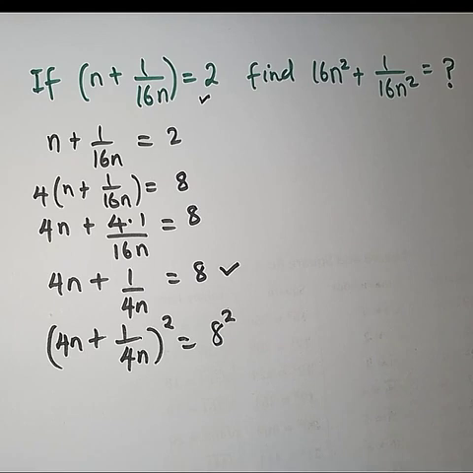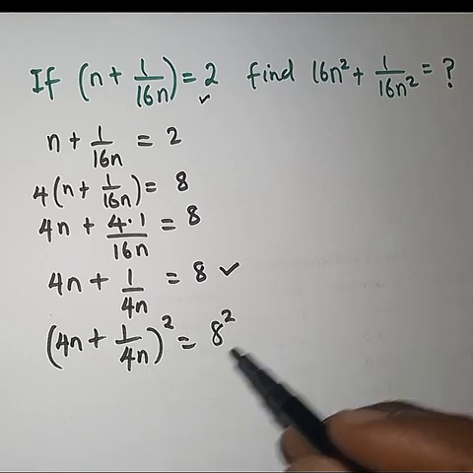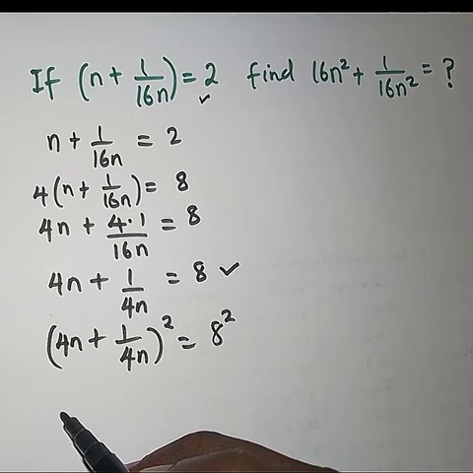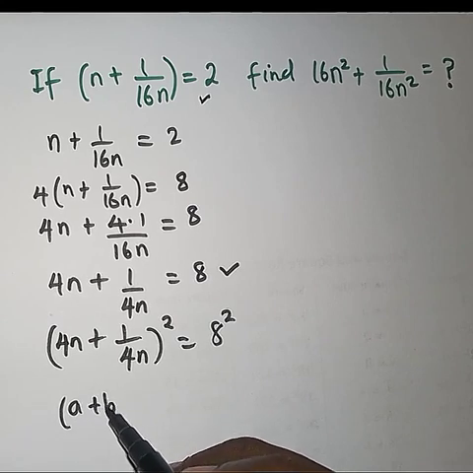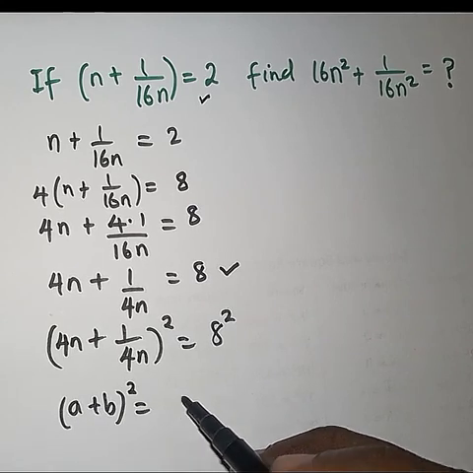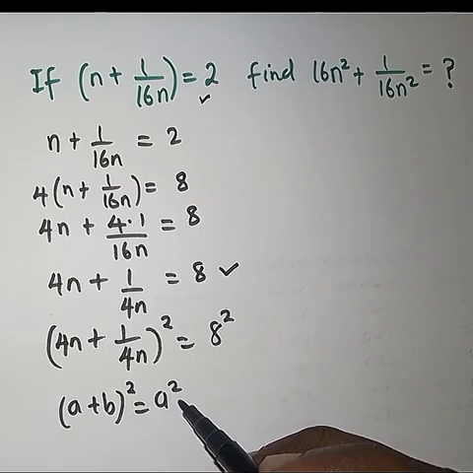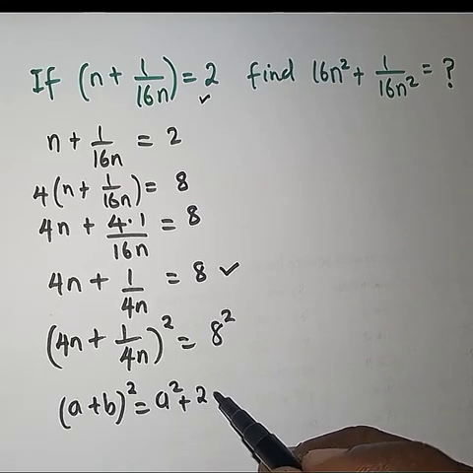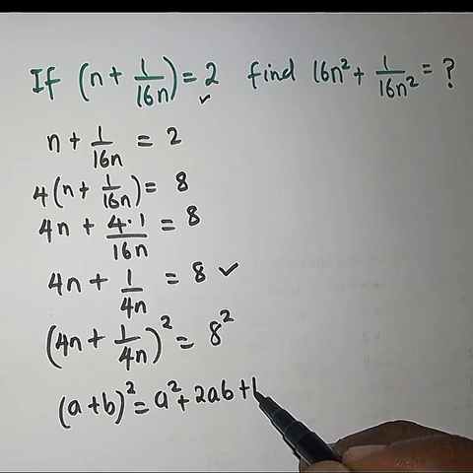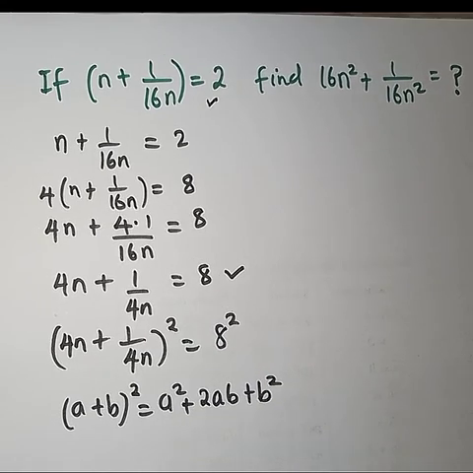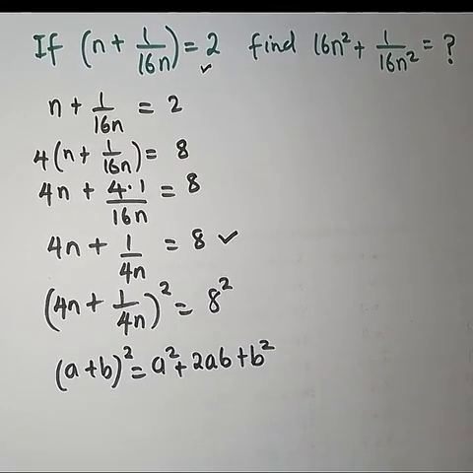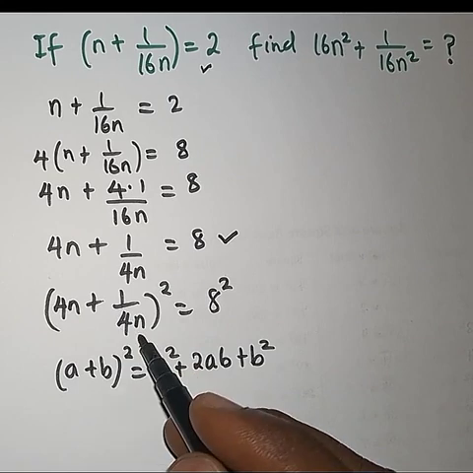Now from here, we are going to use the idea from the perfect square in quadratics, which says that when you have a plus b all squared, this must give you a squared plus 2ab plus b squared. So that is it. Now from there, I replace the a to be 4n, then the b to be 1 over 4n.